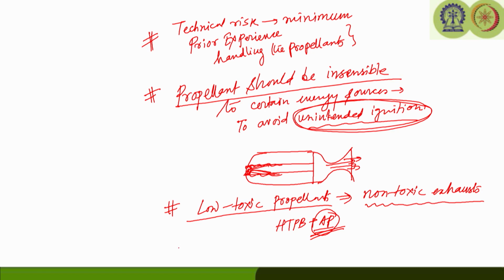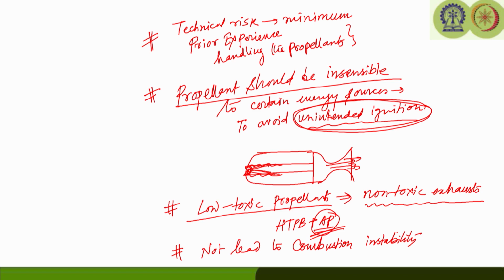All right. Another choice criterion is that it should not lead to combustion instability. If there are any pressure fluctuations inside the combustion chamber, the burning of the propellant should not promote the combustion instability.